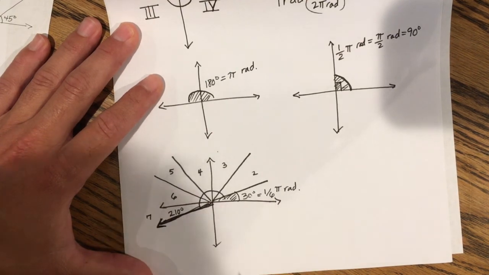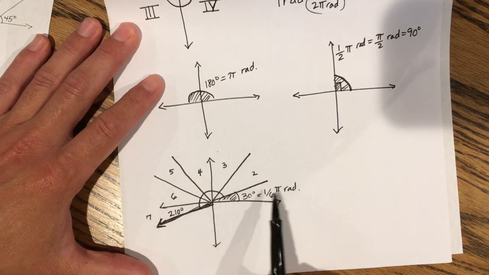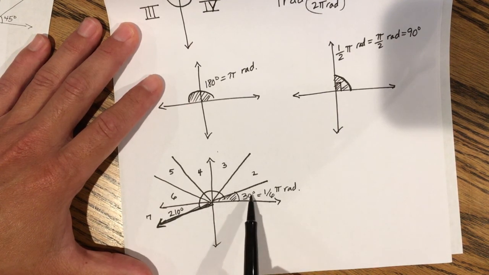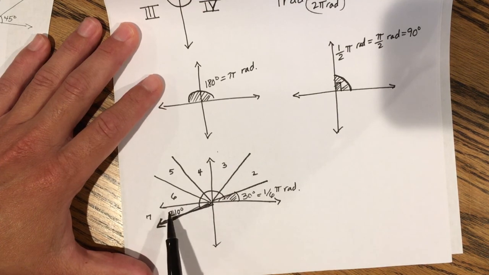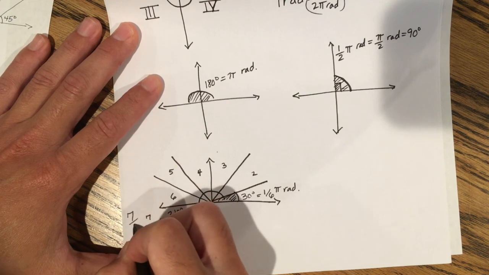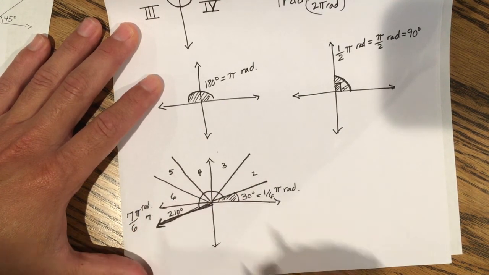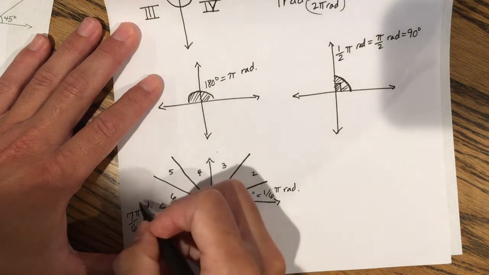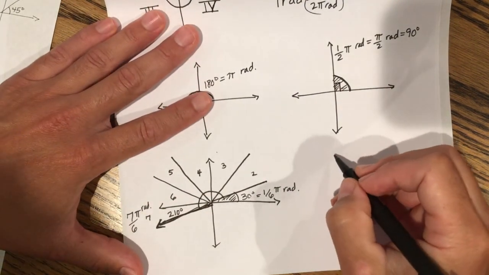That's really just the 7th part of that, so we just add another 6. This is 1/6, 2/6, 3/6, 4/6, 5/6, 6/6, 7/6. So this would equal 7/6 pi radians. All right, hopefully that's making sense. Let's get a couple more.